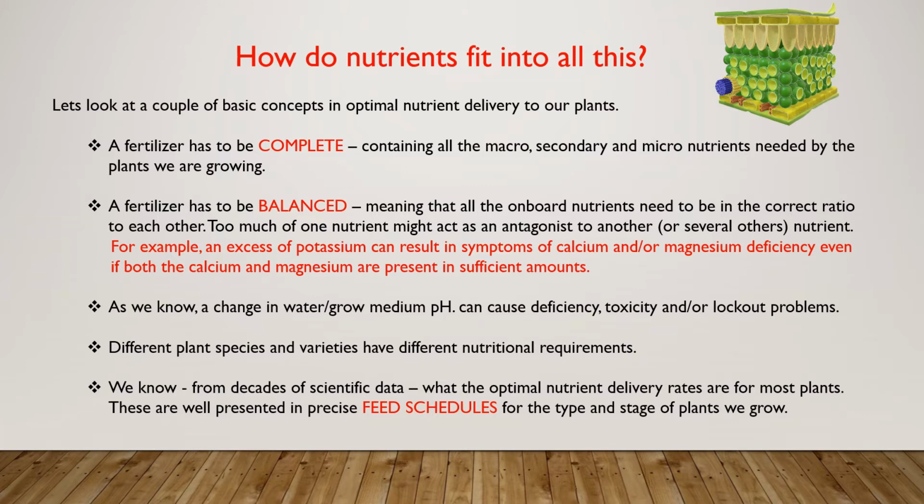If we're growing tomatoes, we can get the feed schedules that will tell us precisely how much of each individual nutrient that plant needs at its particular life stage. So feed schedules are something that are critically important to us if we're going to grow optimally.